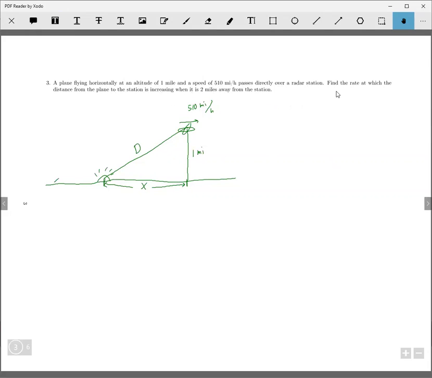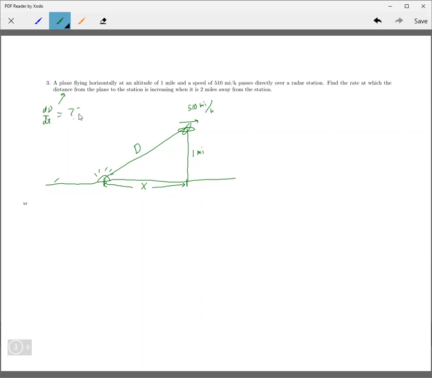Here, it's important to know what we want to find. Okay, what we're after is the rate at which the distance from the plane to the station is increasing. So I've labeled this capital D. So we want to know what dD/dt is. That's what we want to know: how fast is this distance increasing when it is 2 miles away from the station.